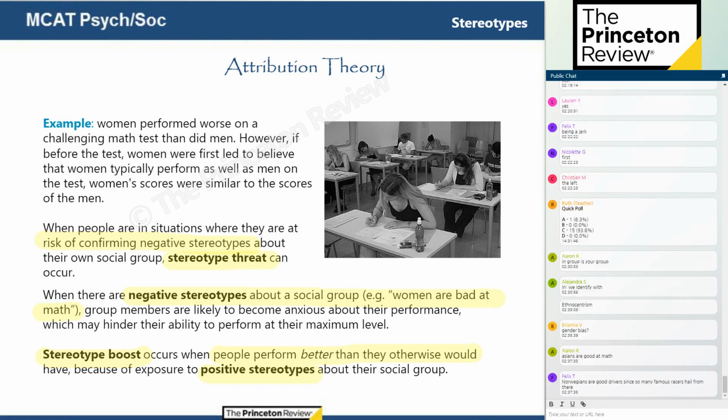Yeah, Asians being good at math. Or men are good at math, right? Men are better at math. Asians are better at math, okay? We all know a bunch of negative stereotypes. That's easy to come up with.